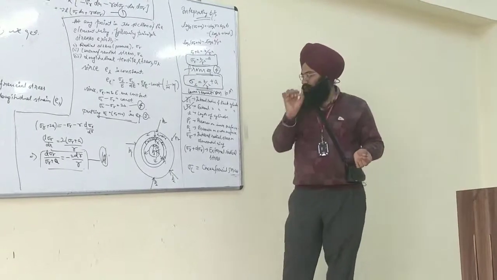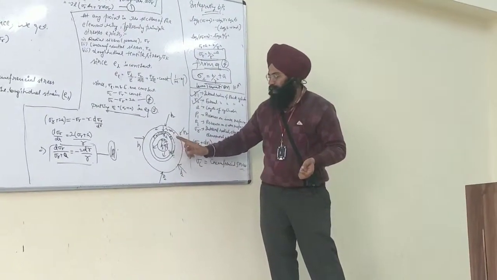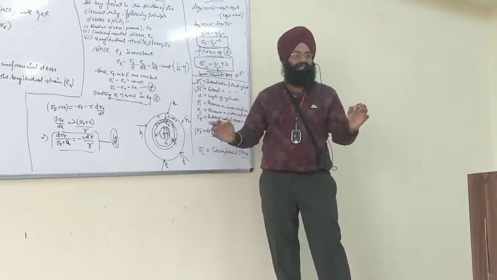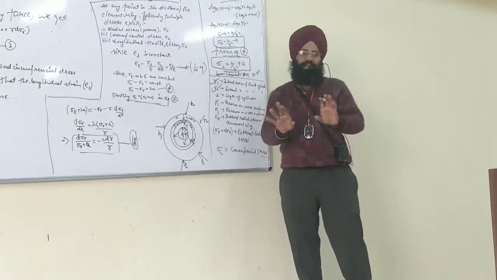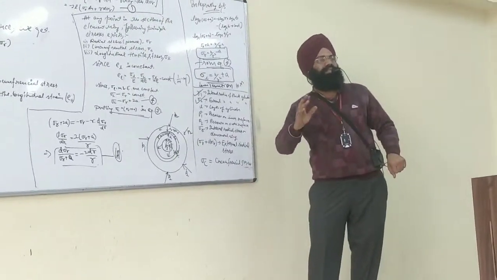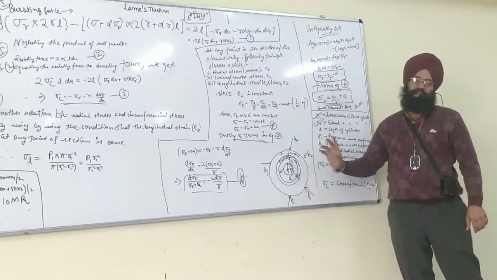First, the thickness is dr, the value of radial stress is stress r plus dr, and the circumferential stress will be the same throughout the circumference. Whichever section I take, it will not convert into stress c plus d stress. No, it will not happen. It will only happen in the case of radial stress.